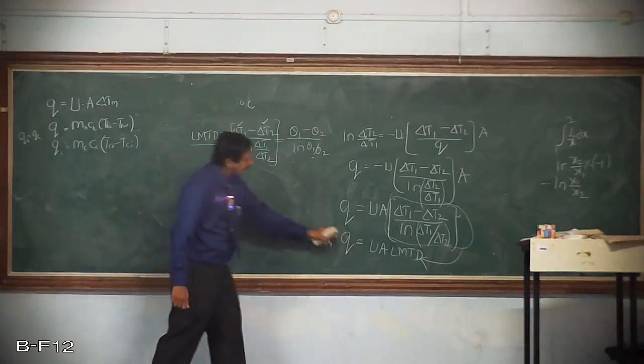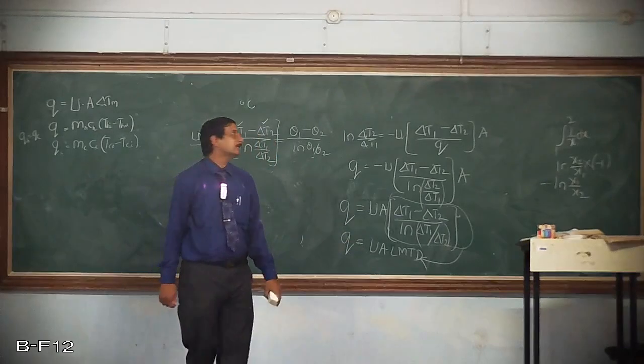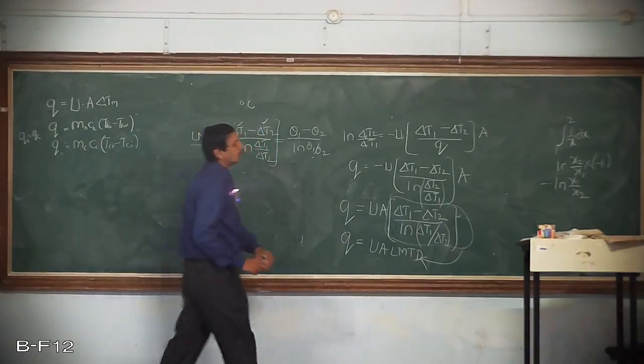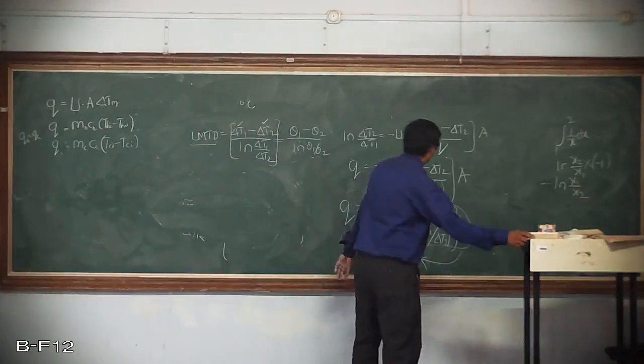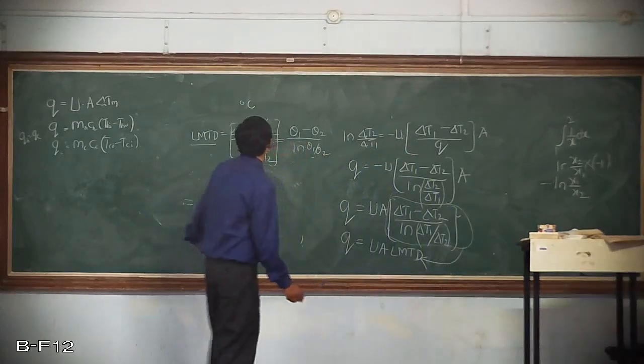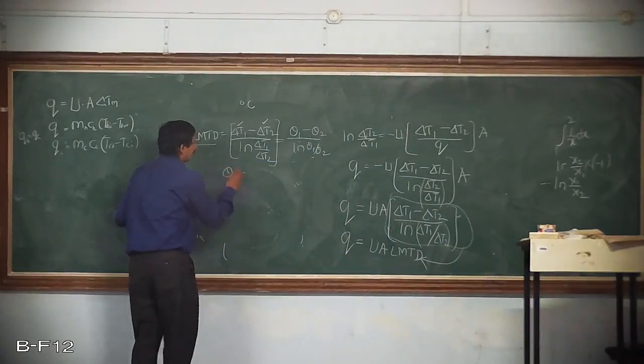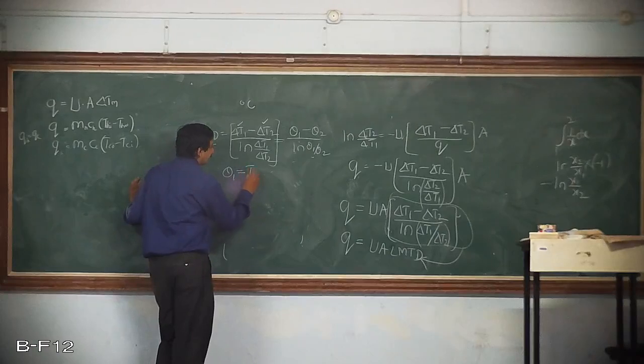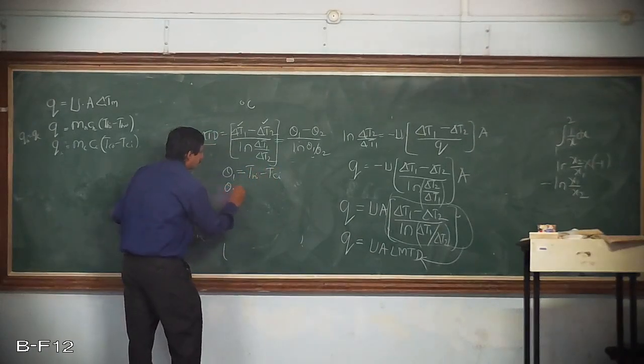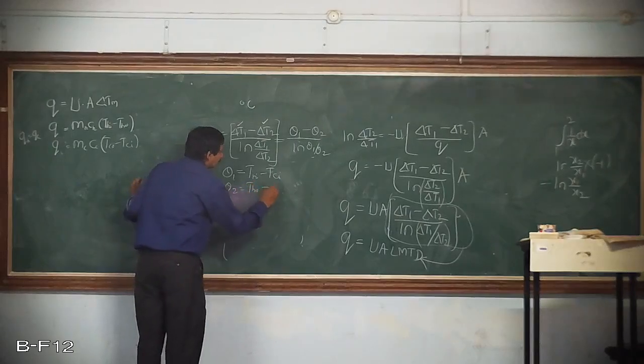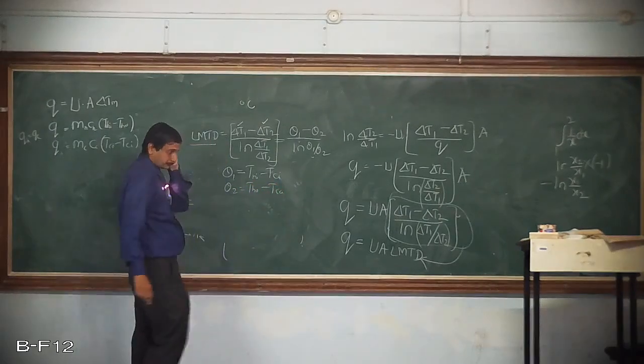So this is the derivation of the logarithmic mean temperature difference for a parallel flow. Now please remember, theta 1 equal to THI minus TCI and theta 2 equal to THO minus TCO.